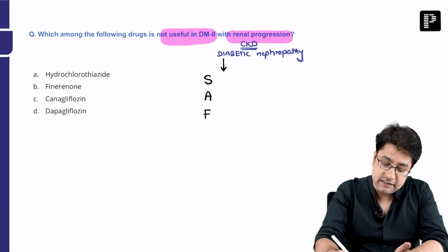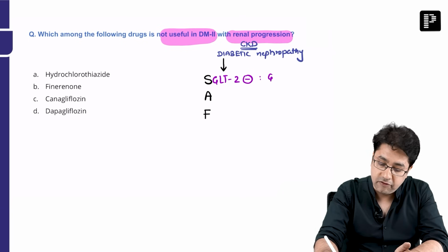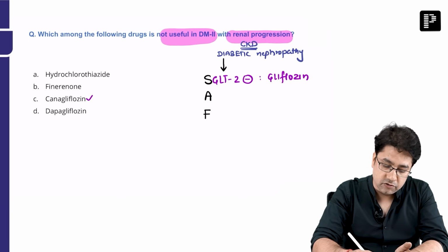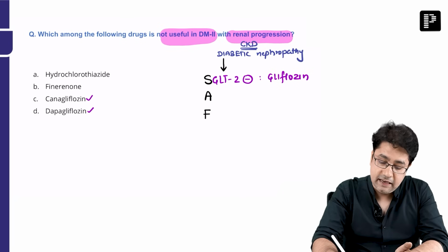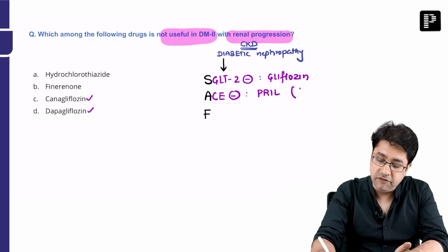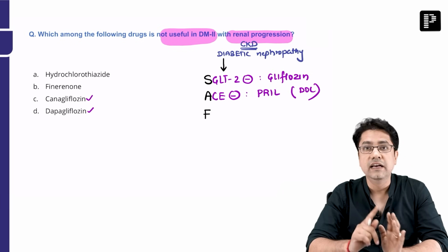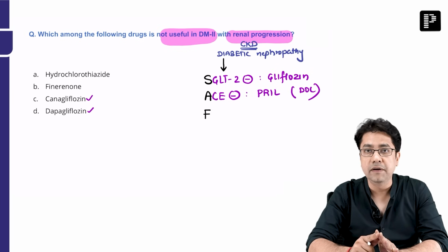The first drug is SGLT2 inhibitors, we have just discussed. And all SGLT2 inhibitors end with the word gliflozin. So canagliflozin, dapagliflozin. ACE inhibitors, which end with the word pril, are the drug of choice as the first drug to be started in cases of diabetic nephropathy.